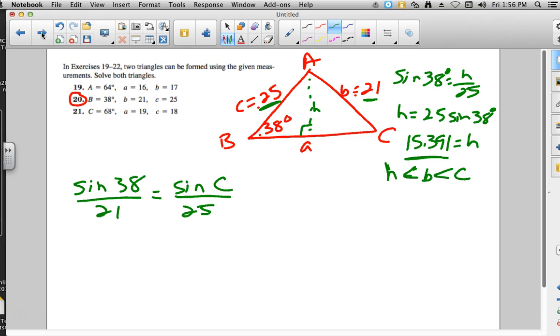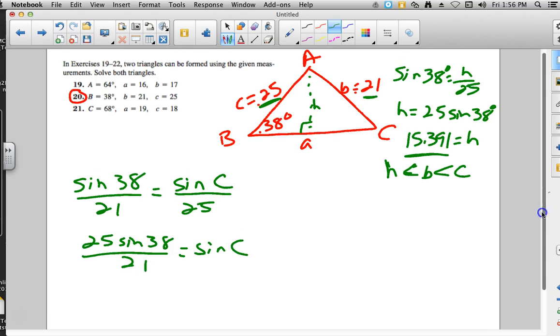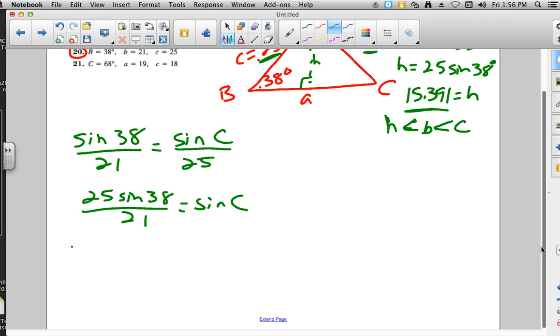So we cross multiply, and we would have 25 sine of 38 degrees over 21 equals the sine of C. And then, of course, because we need an angle, we're going to have to use the inverse trig function to get that.